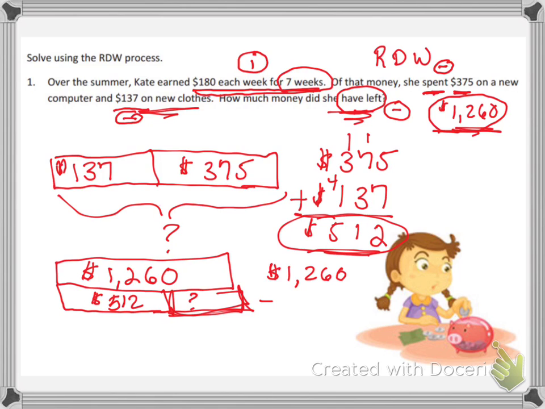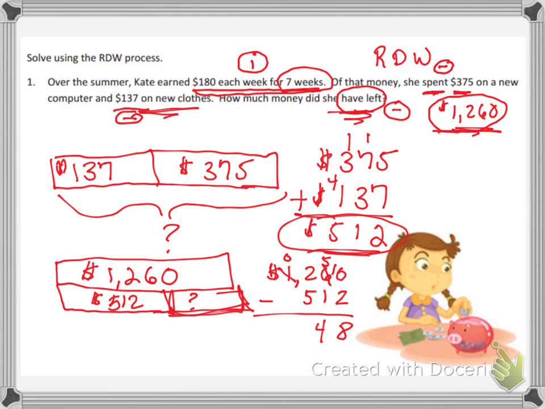$1,260 take away 512. Well, we can't solve the ones, so we can go to the tens and take 1 away, and that leaves a 5, and this becomes 10 ones. 10 minus 2 is 8, and in the tens, we have 5 tens, take away 1 ten, and we are left with 4 tens. Then over here, we can't do the hundreds, 2 minus 5, so we have to take 1,000 away.